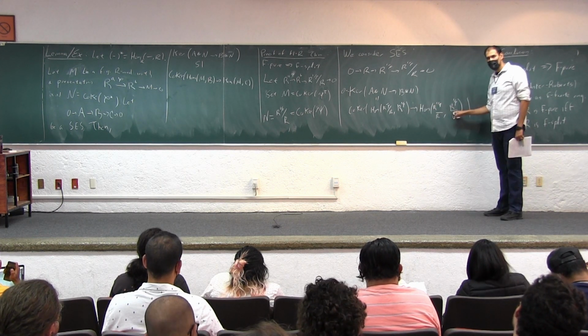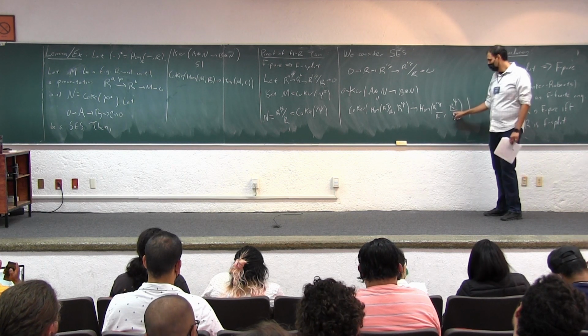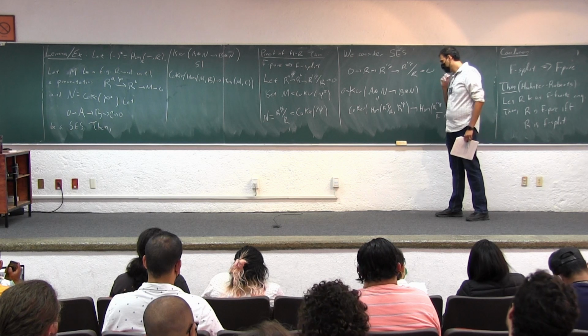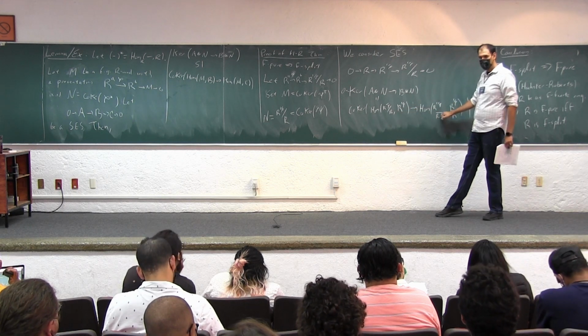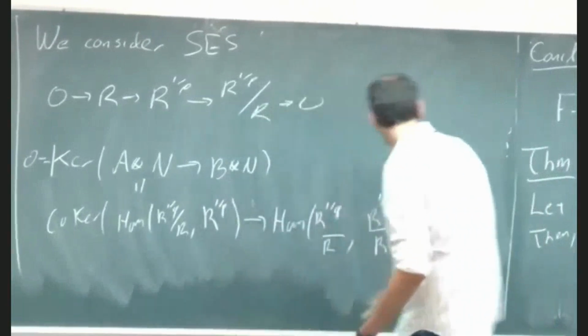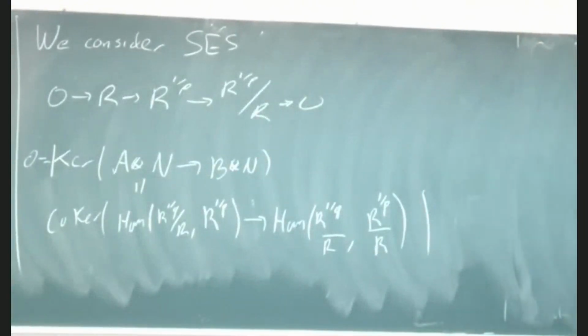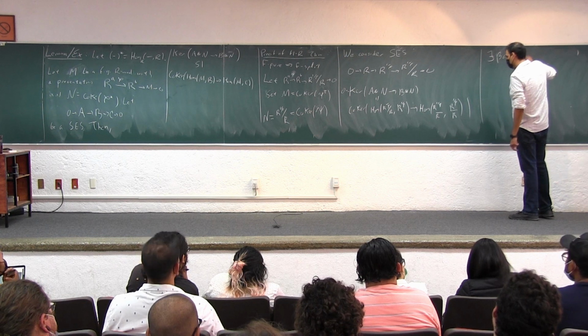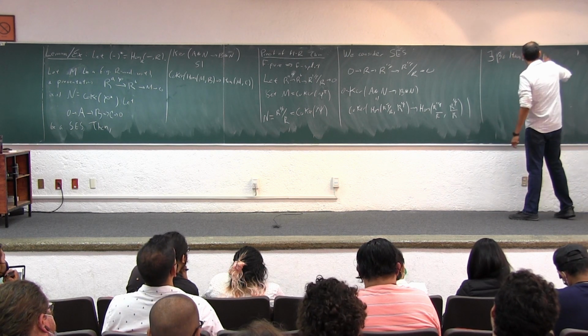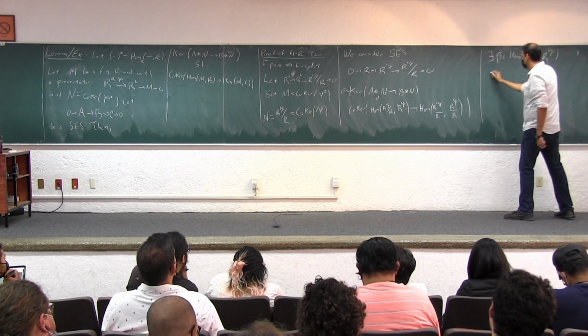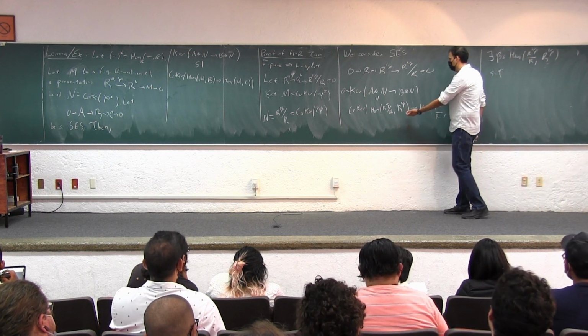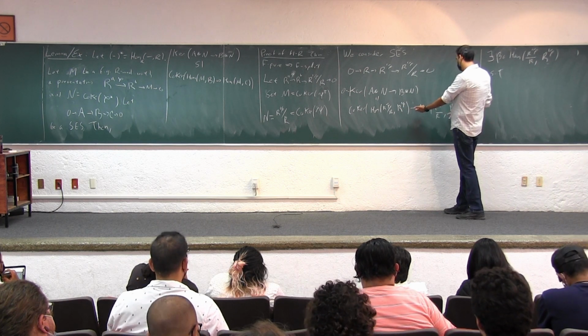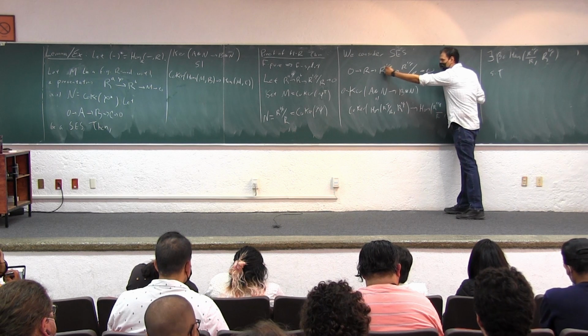Here we have a very special map, no? The identity. So what we're saying is that the kernel of this map from here to here is the identity. What it's telling us is that there exists a beta in Hom(R^{1/p}/R, R^{1/p}), a map, such that we are pre-composing with the induced map from here to here.